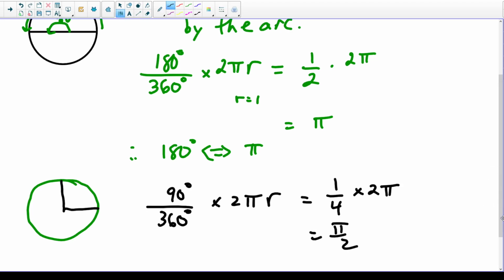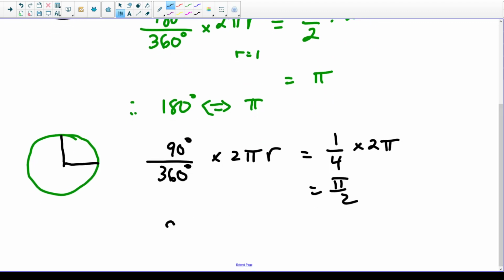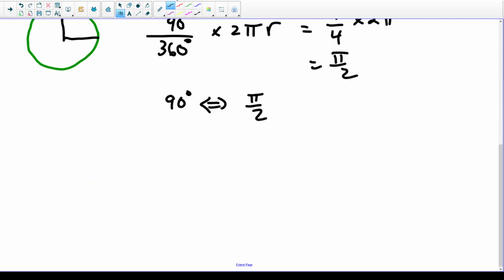And what that means is, once again, 90 degrees is kind of replaceable by pi over 2 as an angle measurement, because pi over 2 represents the same amount swept through by the angle, just by the circumference instead. And this leads us to, what if we do the entire circle? What if I go all the way around?